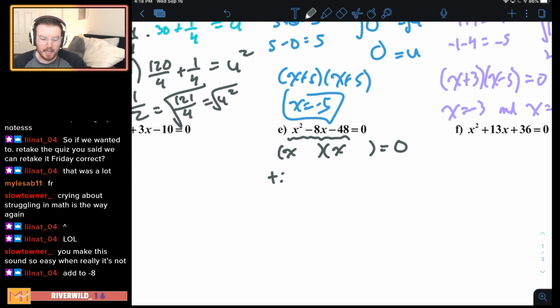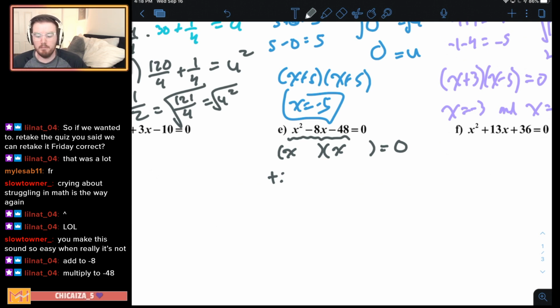Little Nat is right. They need to add to negative 8, the middle number. Think of it as the middle number because it is. And they need to multiply to negative 48. Lil Nat is right. Add to the middle number, multiply to the last number.